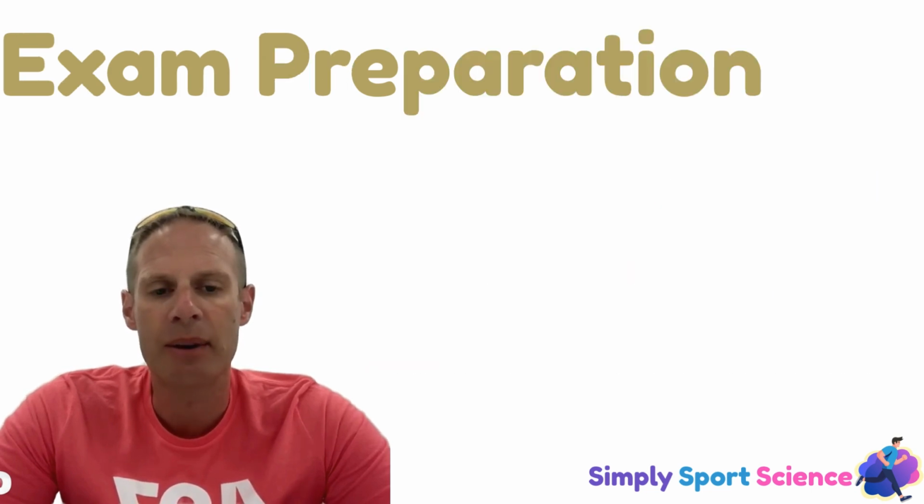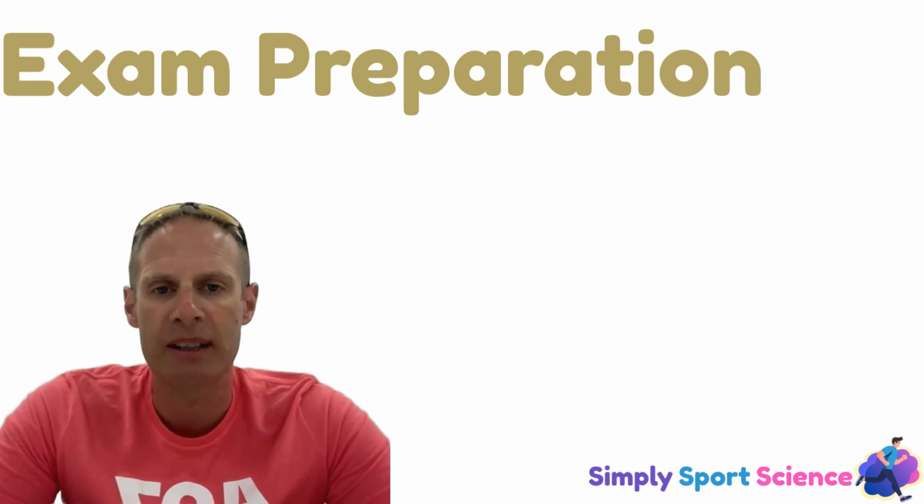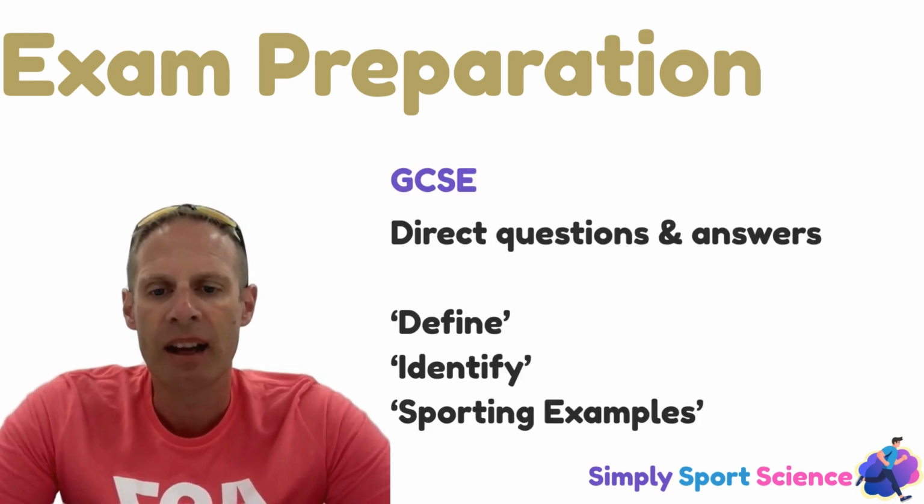So let's look at how exam boards may frame this topic differently. At GCSE PE level, questions are often simple and direct. You may be asked to define what balance is, or identify the differences between the two types.